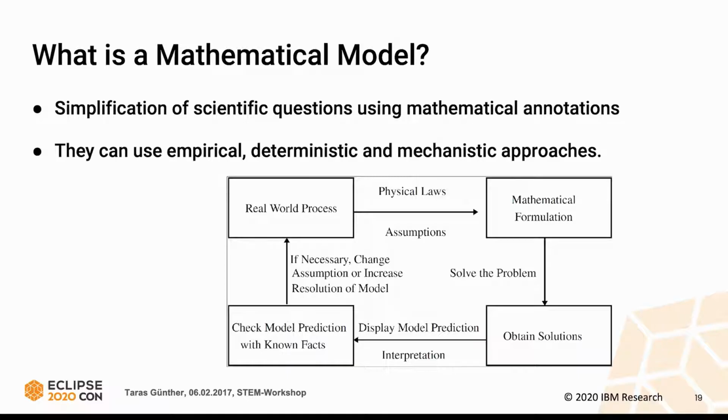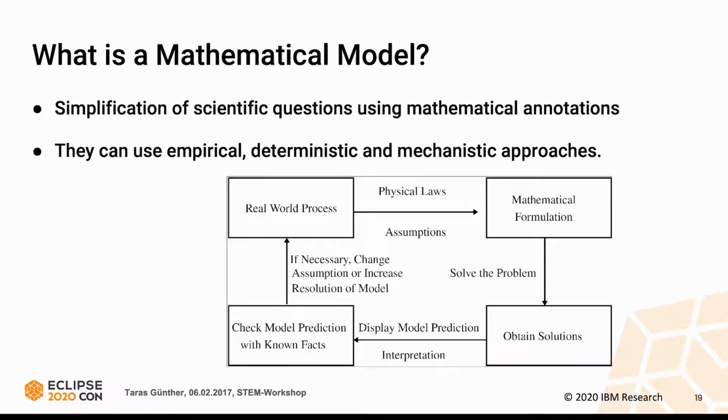So for us, the mathematics provides a formulation. We can use this formulation to solve the problem, and then once we have those solutions, we can develop an interpretation of what is happening based on the solution.